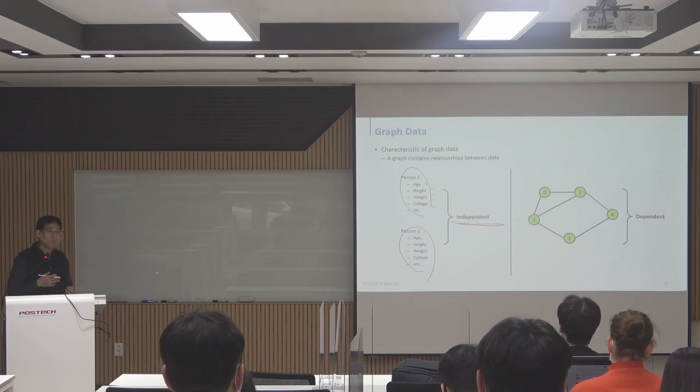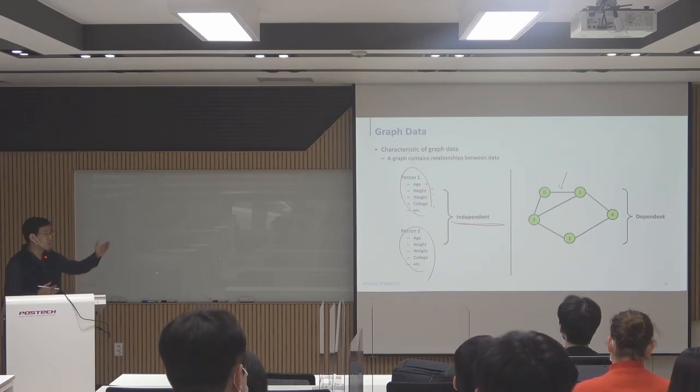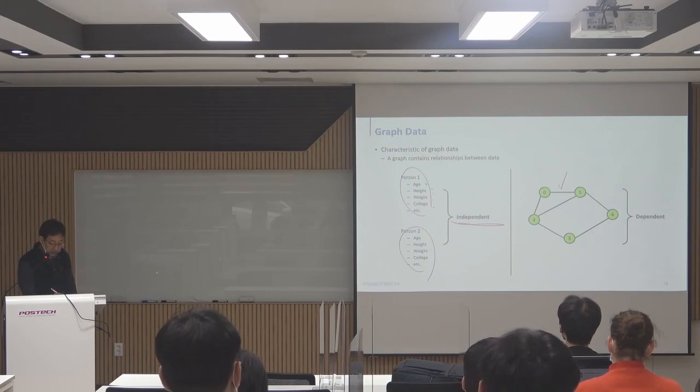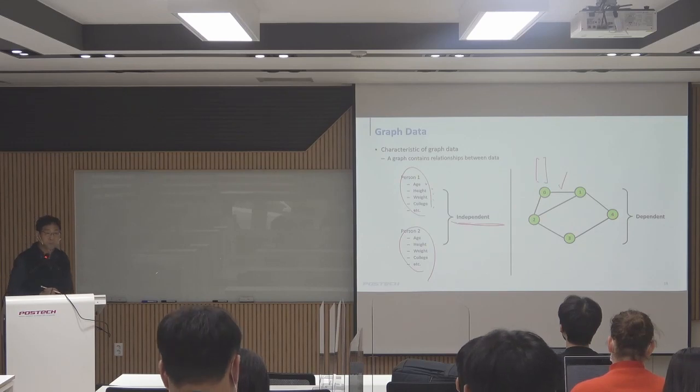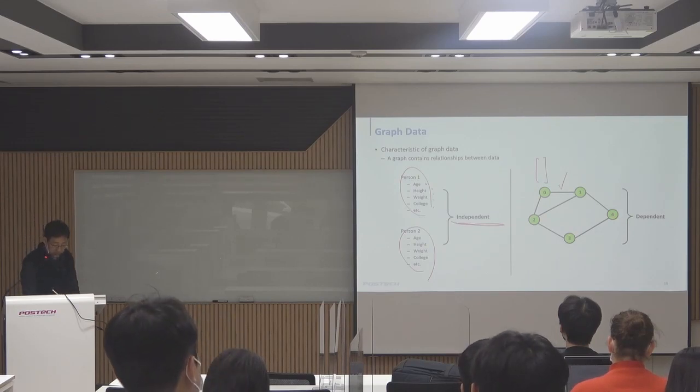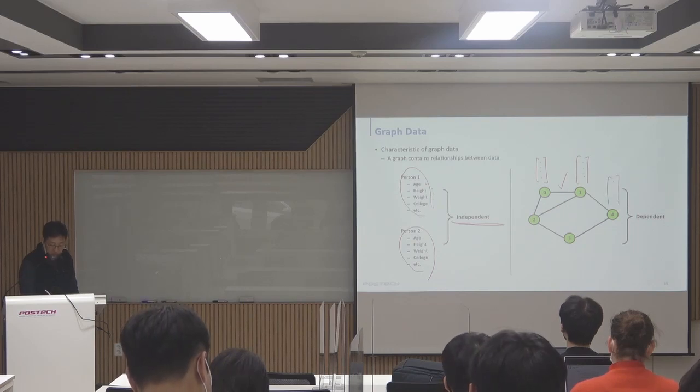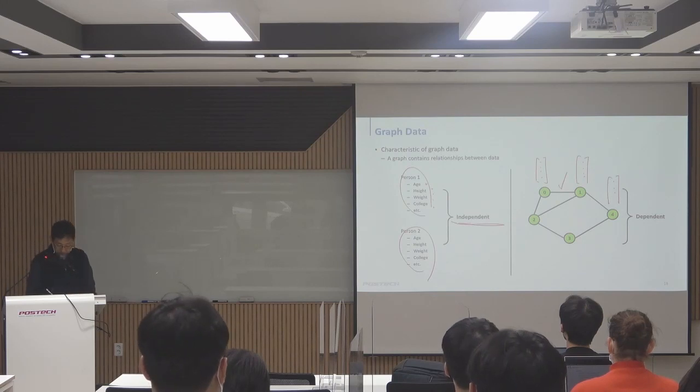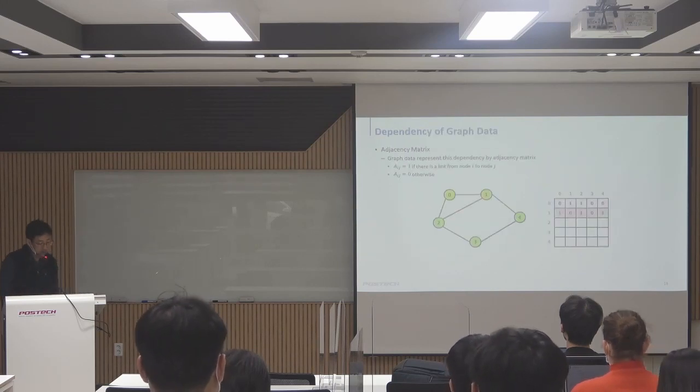Sometimes it's useful if you take the connectivities or dependencies into consideration. One way is to represent the dependent relationships in a graph, where each node has associated or corresponding features. So that was the motivation.